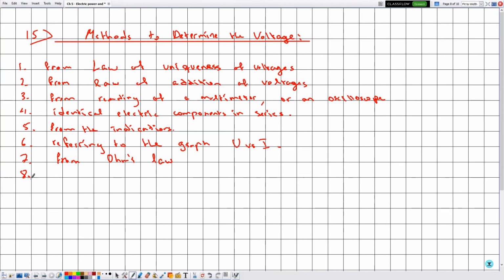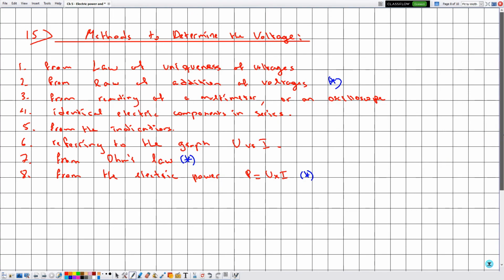And idea number 8 is from the electric power, P is equal to U times I. Now mainly, whenever we are performing calculations, not justification, we will refer to this method, and to this one, and to this one. All other methods are to justify or to explain why the ones that are marked in blue are used for calculation, okay?